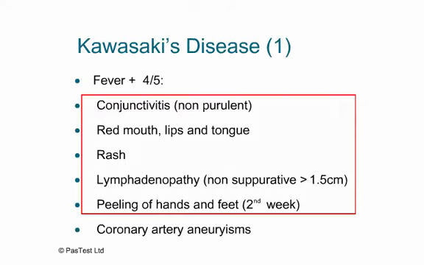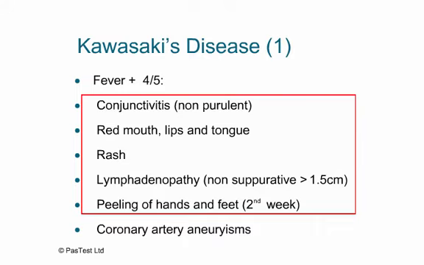So Kawasaki's disease, or its other name, mucocutaneous lymph node syndrome, has 7 diagnostic features. To make a classical diagnosis, a child should have fever for 5 days, and 4 out of the 5 conditions found within the red box.